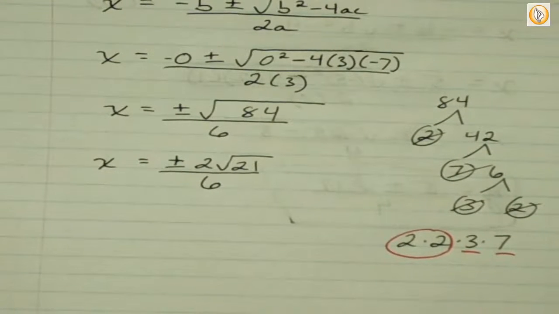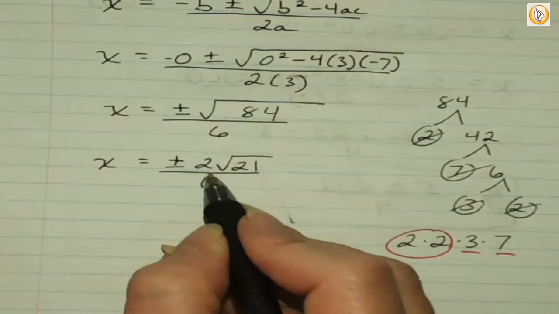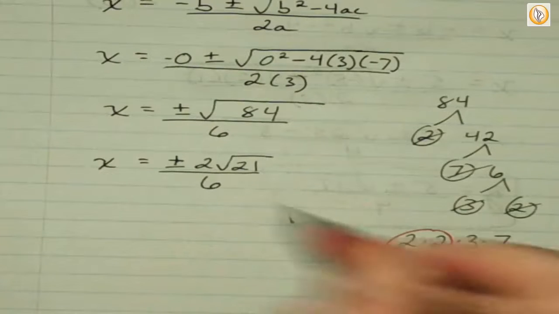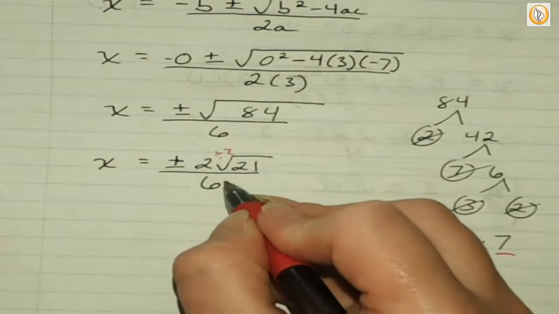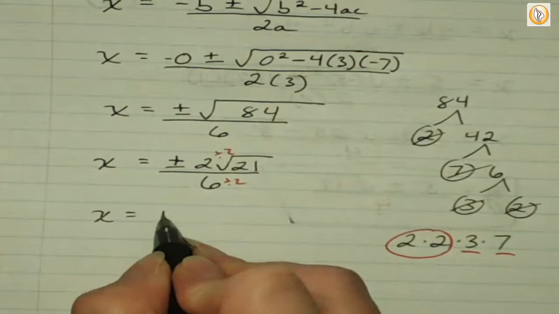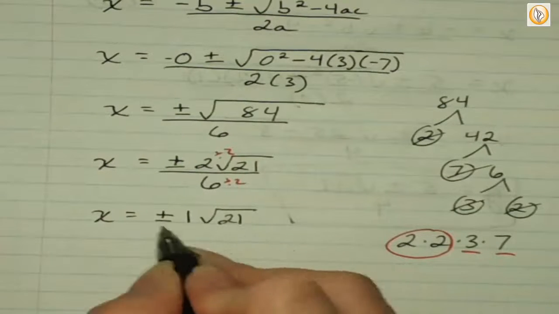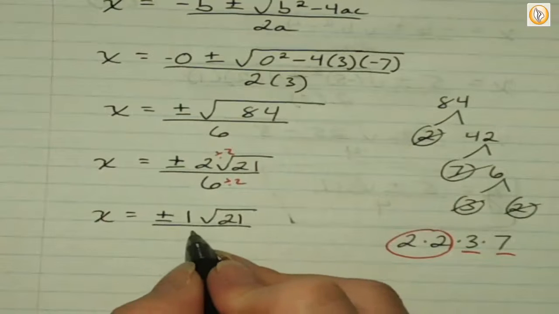You can simplify 2 and 6. That's right. You can divide 2 by 2 and 6 by 2. So then you get x equals plus or minus 1 times the square root of 21 over 3.